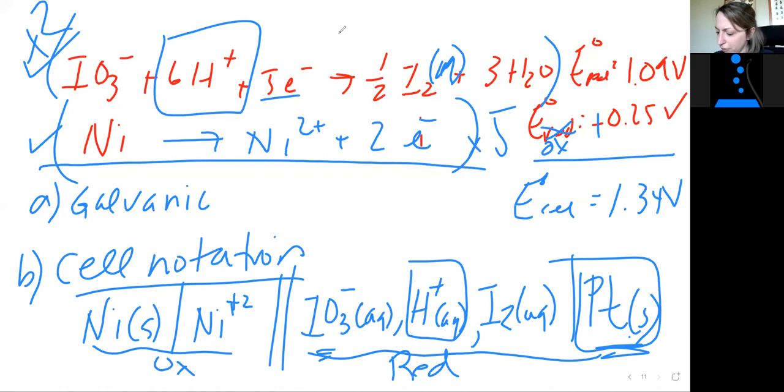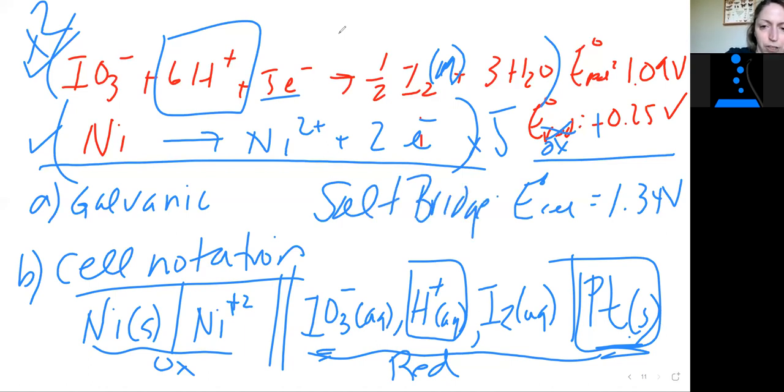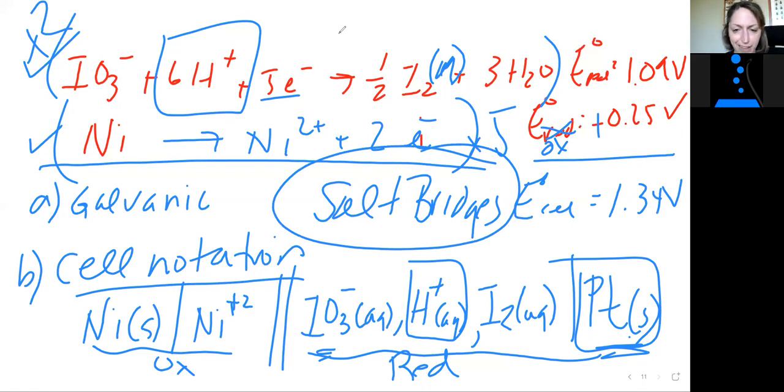All right. Other than that, you guys don't forget about how salt bridges work in general. I'm sure you've studied that, but the anion always goes to the anode side, the cation always goes to the cathode side. But if I asked you to explain why, you should always say for ion neutrality.